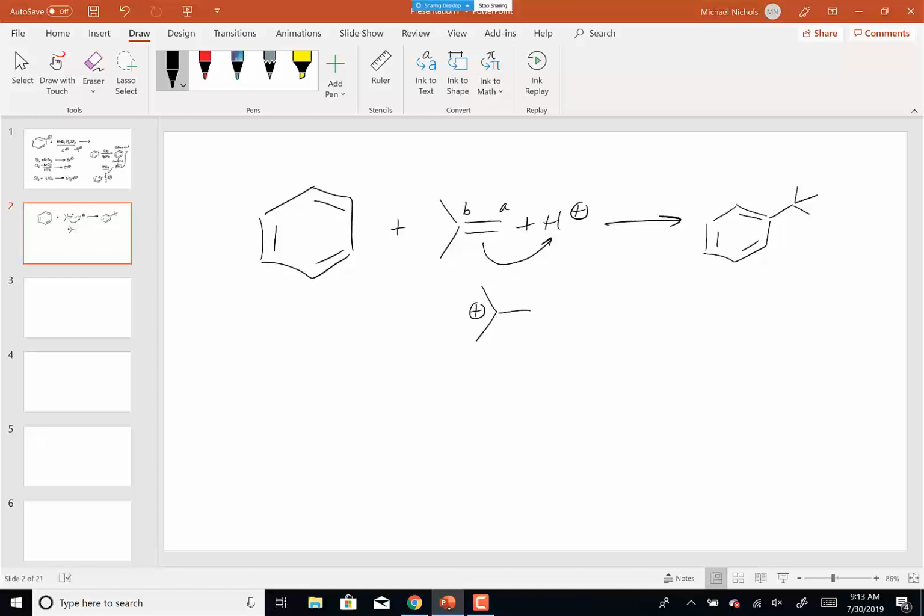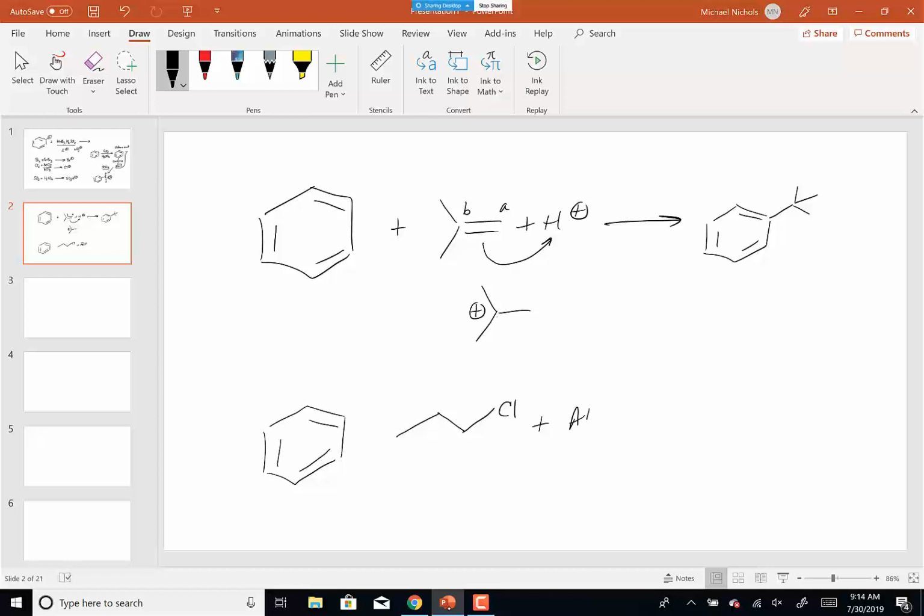The preferred method would be to take something like an alkyl chloride or an alkyl bromide and react it with either FeCl3 or AlCl3.